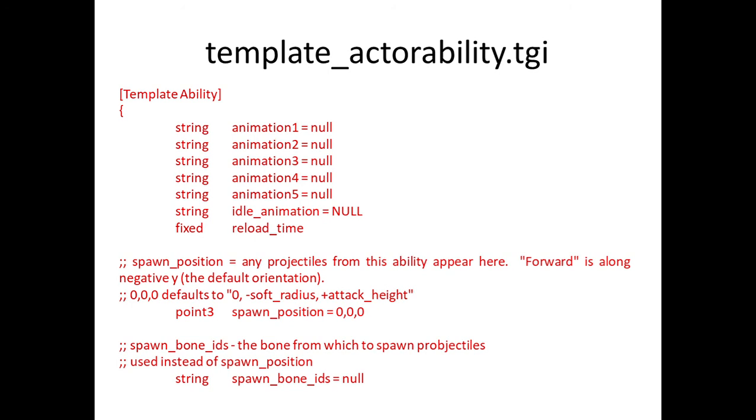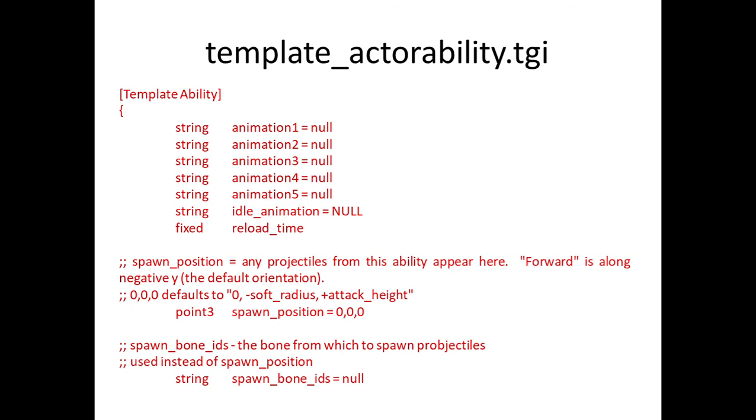The only problem with reload time is, again, it disables all abilities in the performer component for the duration of the reload time. So that means in the example with the tank gun, that hypothetical example, if the tank had a machine gun ability as well as these different types of tank shells, the machine gun would also be disabled for the duration of the reload time when one of the tank shells that has a reload time in the ability was fired.